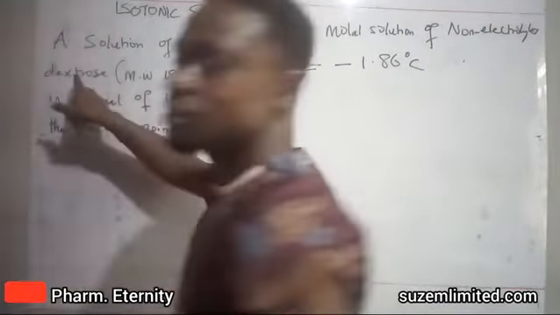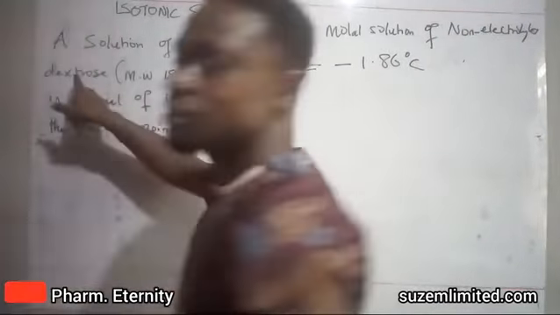Before that, let me break down what I mean by a molar solution. When you say a molar, that is a solution of 1 mole. Generally, a mole is weight over what?